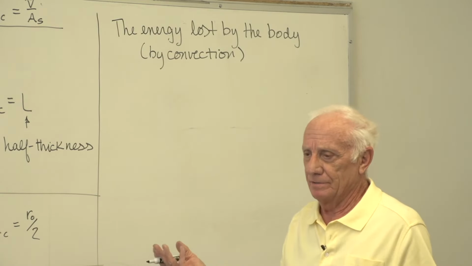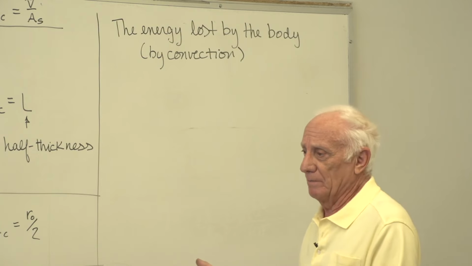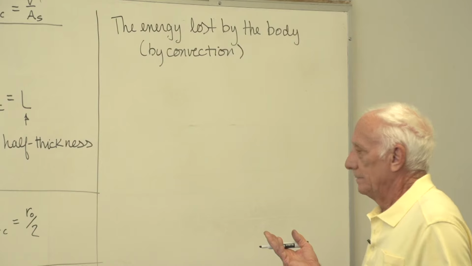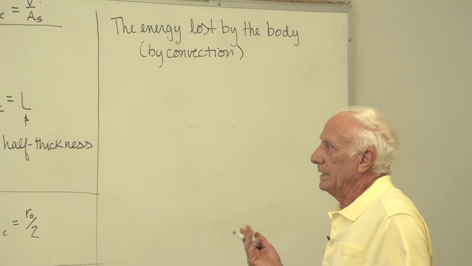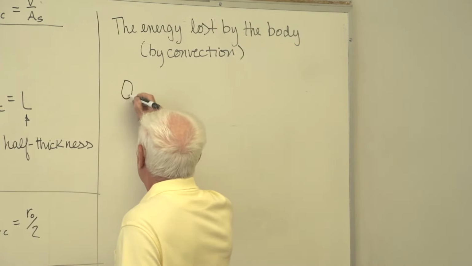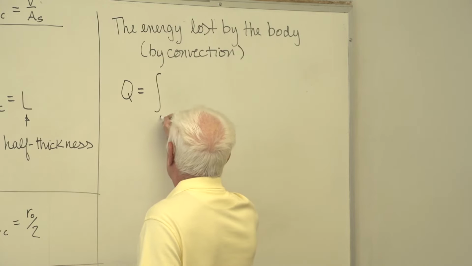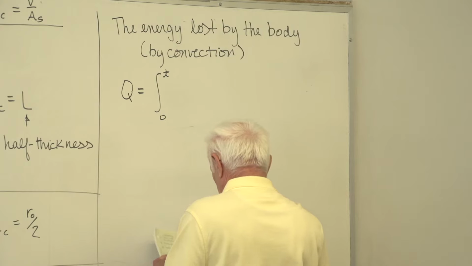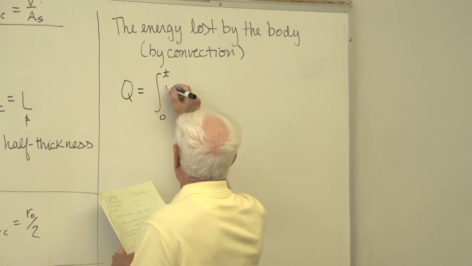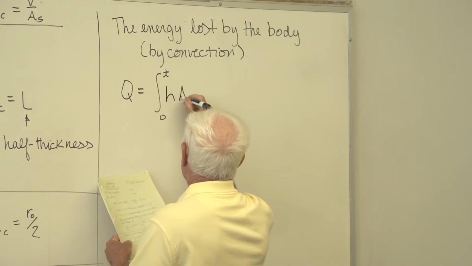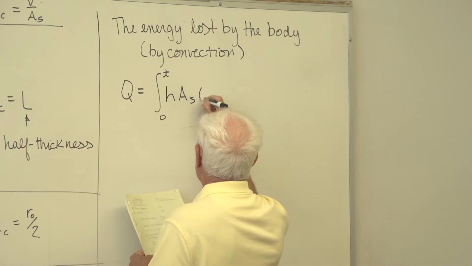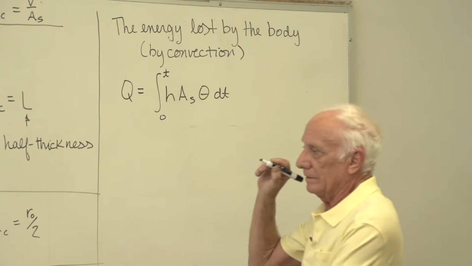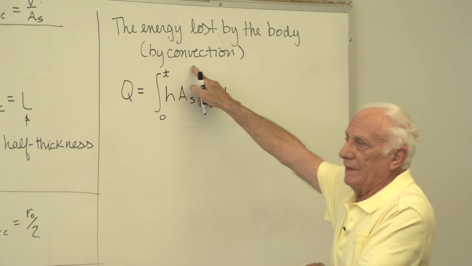Now, it could be the reverse. Hot gas, initial temperature low. You heat the body. Doesn't matter either way. All right, so Q equals the integral from 0 to time t of h A_s theta dt.